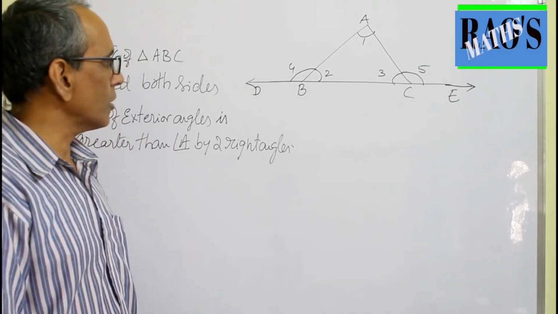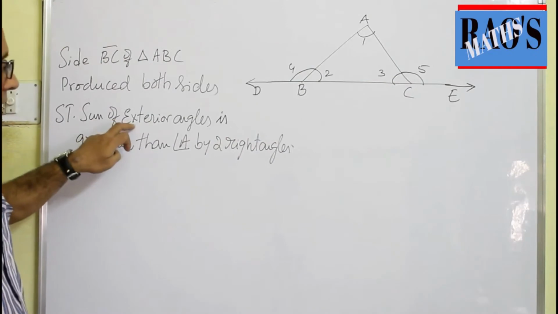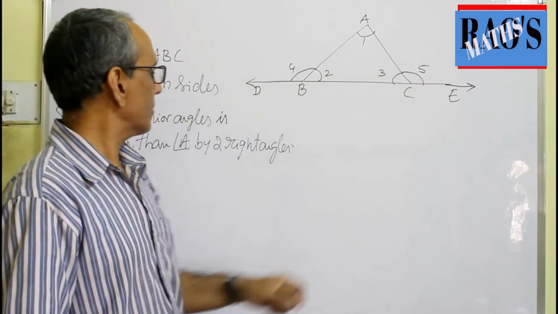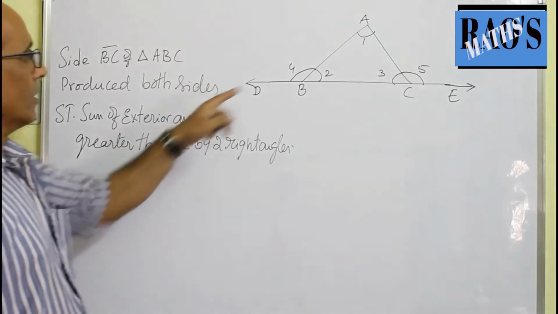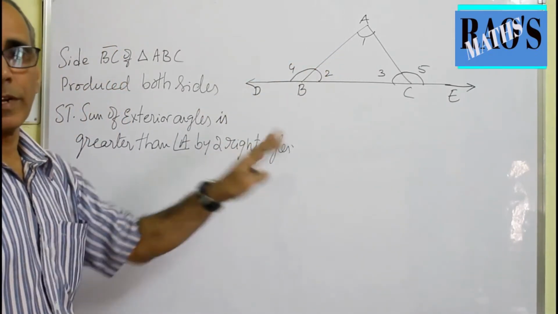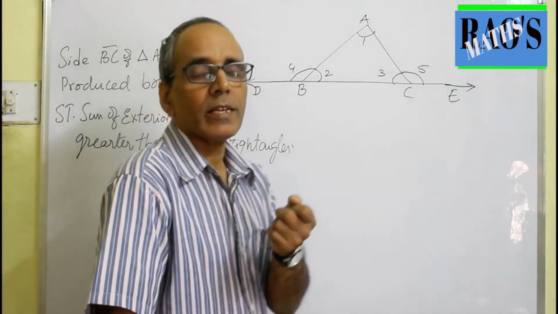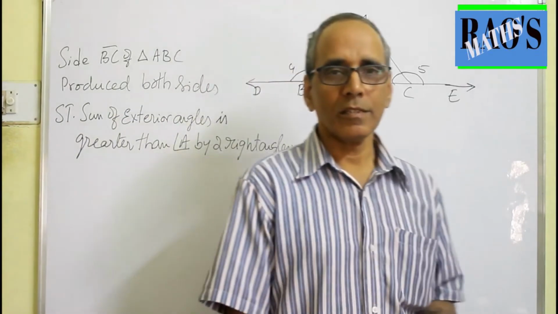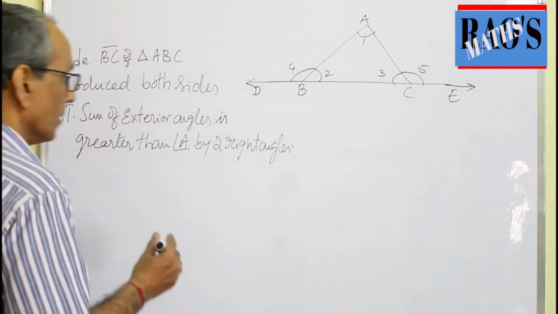You show that the sum of the exterior angles, that means 4 plus 5, is greater than what? Angle A. By how much? 2 right angles, that means 180 degrees. Show that 4 plus 5 is equal to A plus 180. That is very simple.